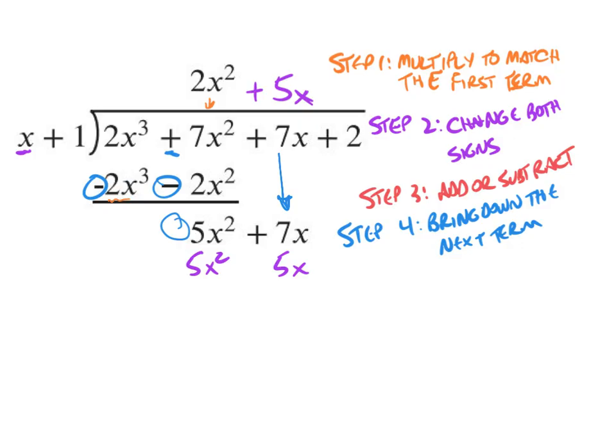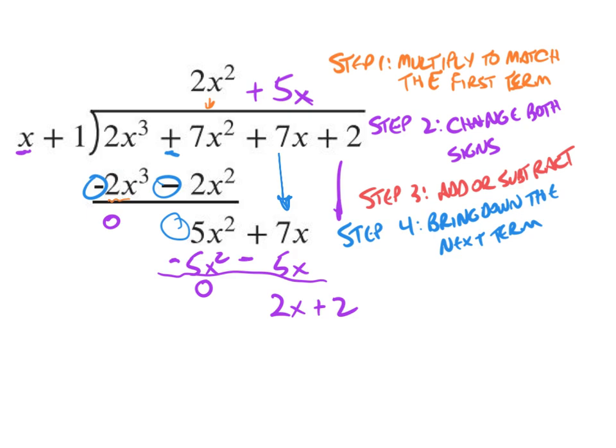Step 1, multiply to match the first term, because the leading term has to be eliminated. And every time you subtract, you're going to get a new first term. So step 2, change both signs. The leading term cancels out. 7 minus 5 is 2 again. Step 4, bring down the next term. And then we do the same thing again.